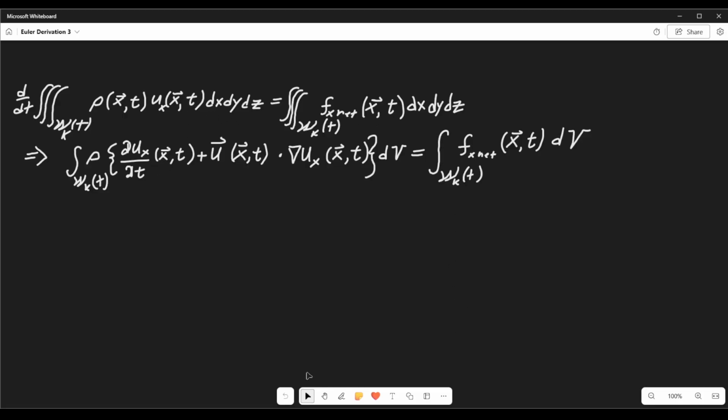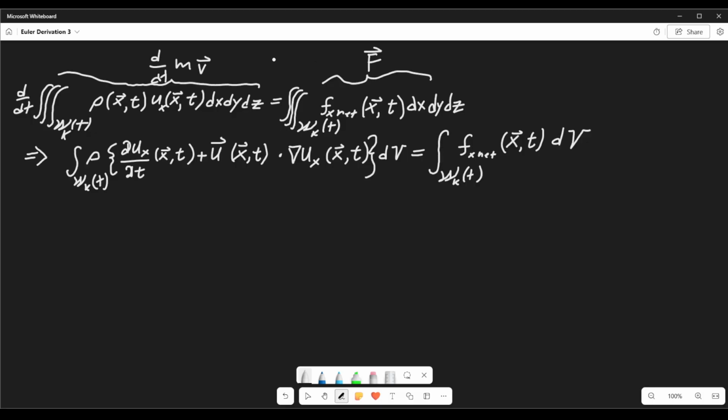So this part is essentially d by dt of the mass times velocity part, that is what this thing's doing. And then this is basically the force part. So this is just using mass times acceleration equals the force.